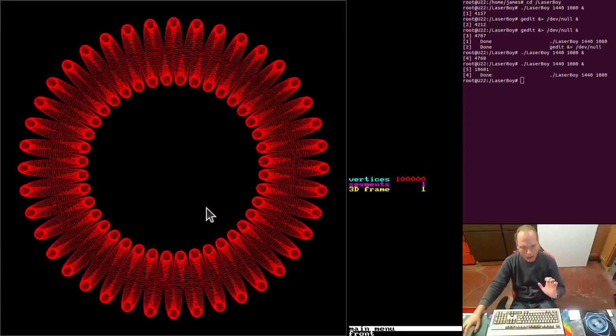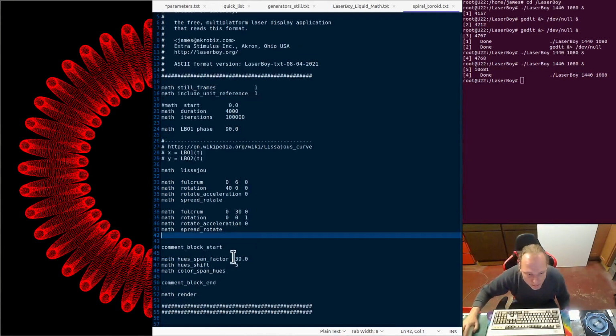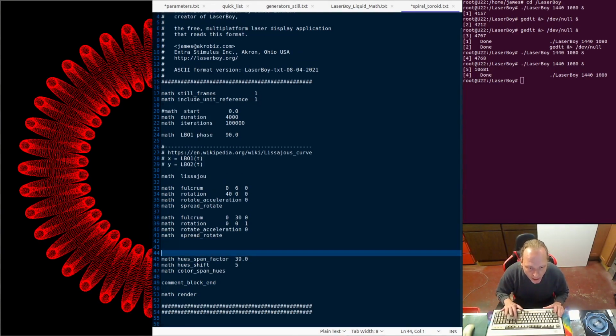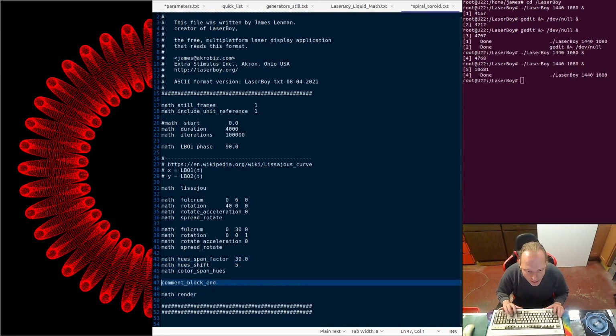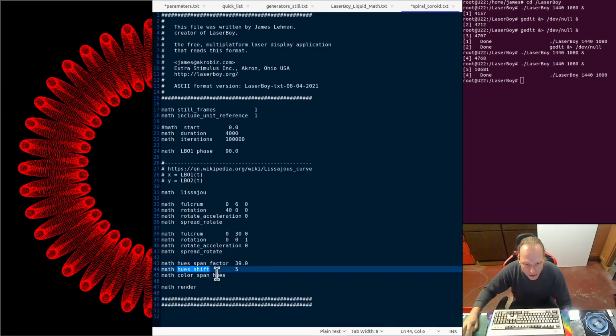Okay? All right, and then the last thing that we do in the code, the script, is we'll just take this out and we'll take that out, and we set the hue span factor to 39 and hue shift to 5.